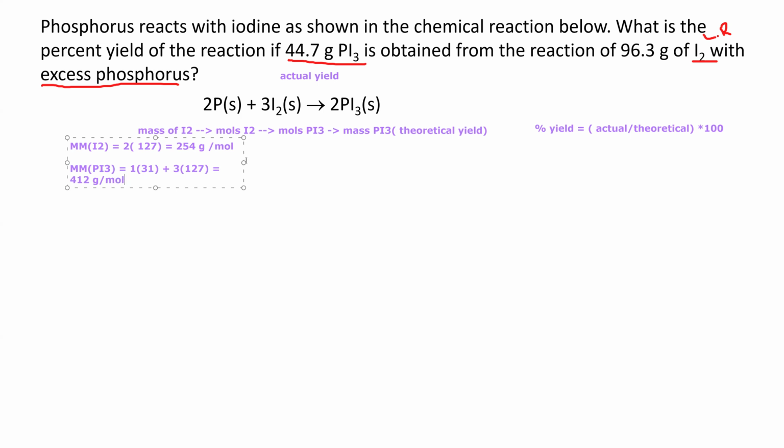So this is one thing we'll need, the molar masses. The other thing we'll need is the mole ratio. So 3 moles of I2 give us 2 moles of PI3. So in step 1, we're going to take the mass of iodine, which is 96.3 grams, and divide it by the molar mass.